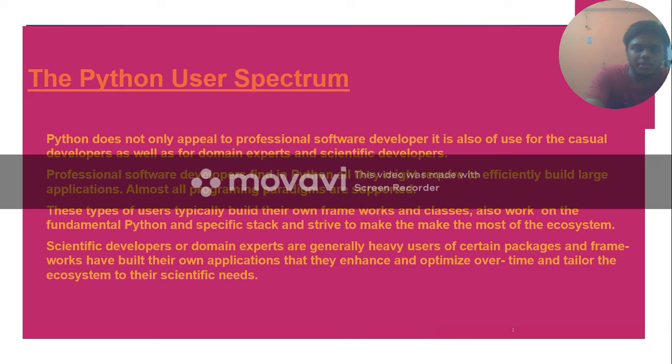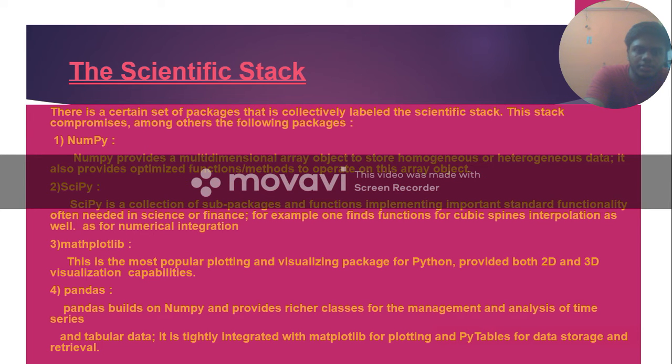So most of the specific developers are heavy users of certain packages, building their own applications and creating their own innovations in Python. This may lead to good usage and specific needs, and a specific stack.